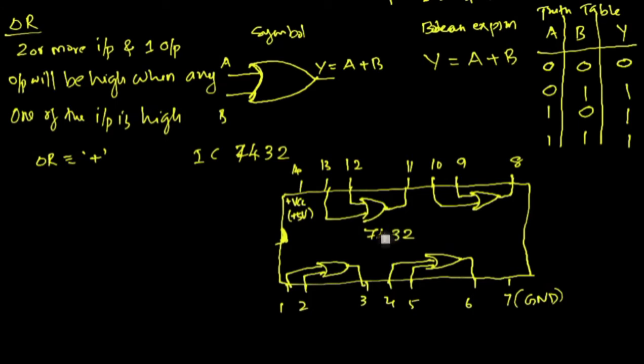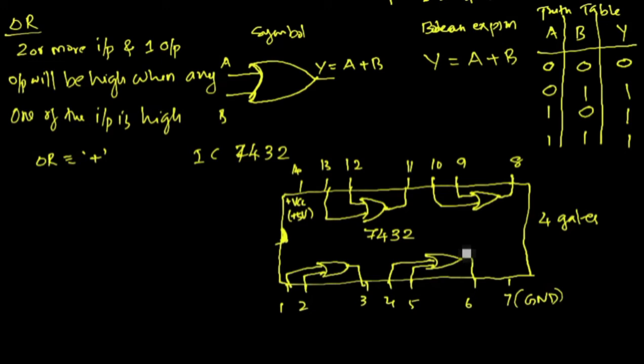This is the pin diagram of the IC 7432. It consists of 4 logical OR gates with 3, 6, 8, 11 as the output pins for each gate, and for the first gate 1 and 2 are the input pins, and pin numbers 4 and 5 are the input pins for the second gate.